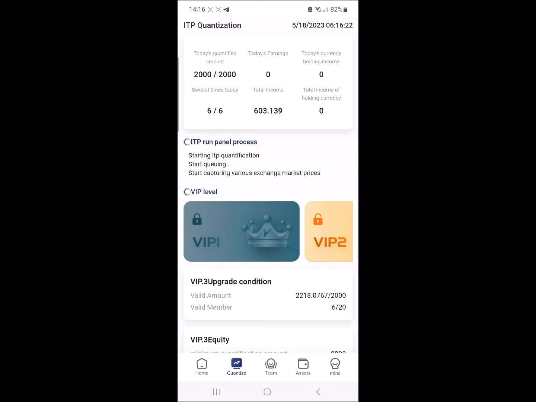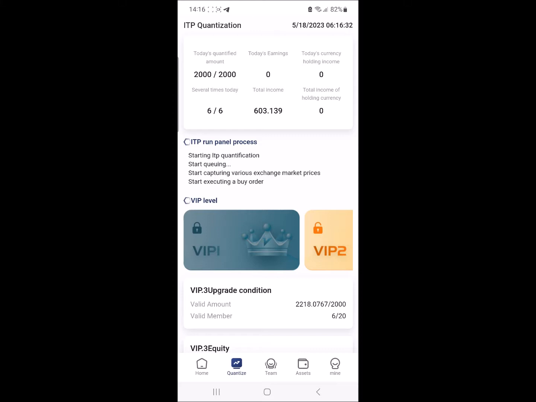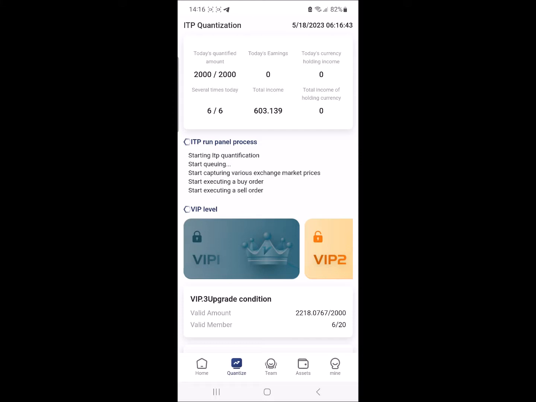Right, start capturing various exchange market prices. So the AI is going and looking at various different exchanges around the world, which again, I'll go into more detail on in a minute. It's executing a buy order. It buys at a low price. Executing a sell order.